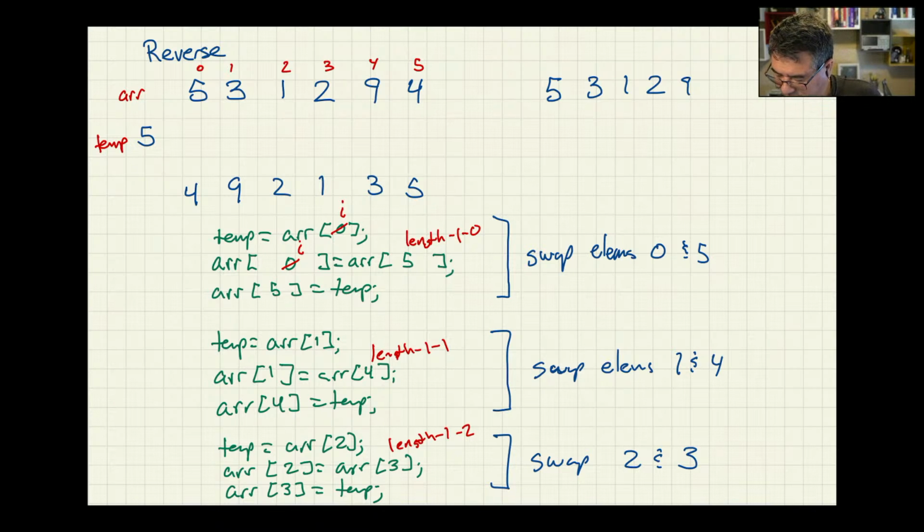So maybe I'll see this instead as length minus (I plus 1), which, when you run the minus sign through, becomes length minus I minus 1. Right, so maybe this is a little bit easier for some people to see. That this number here is always one more than the loop counter.